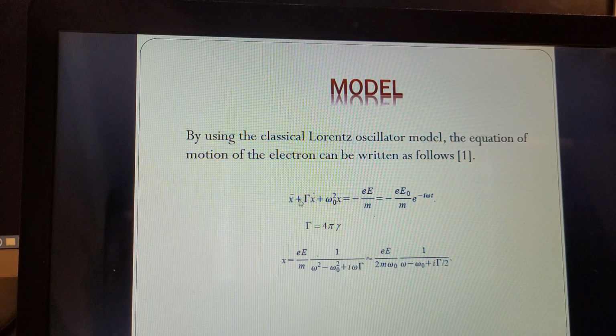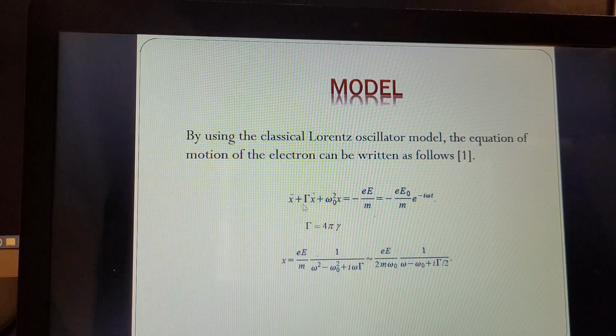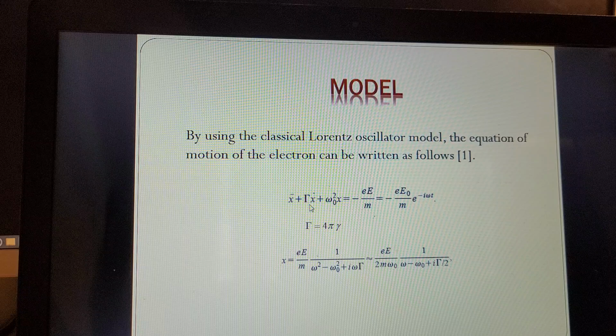Also in this medium we have some damping, because of the resistance, the electrons can be damped. So we add this damping term by using gamma. And also the electrons have oscillatory behavior.